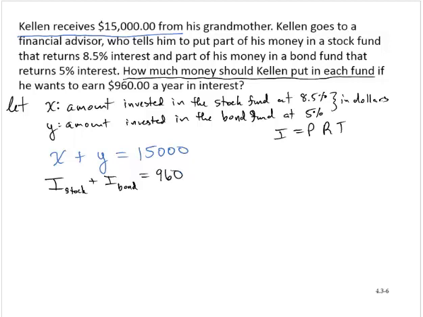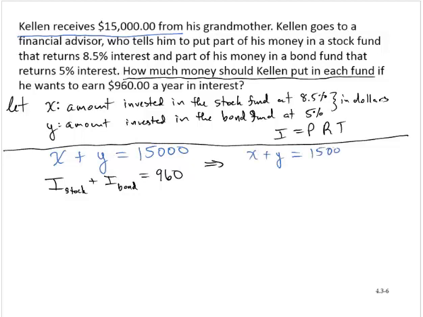But now each of those interests is a principal times a rate times a time. So now let me just rewrite that first equation. x plus y is equal to 15,000. But now this interest in the stock is a principal times a rate times a time.